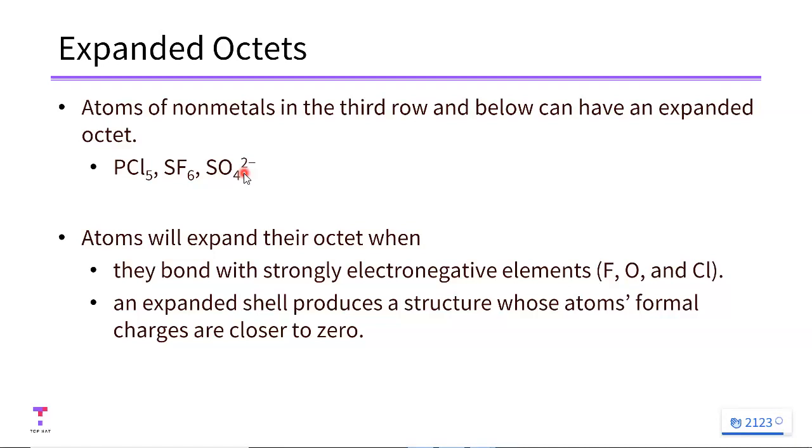Similarly, if I have a positive charge, it would go the opposite direction. So if this was SO4 +2 instead of SO4 -2, the positive charge means that there are fewer electrons. Electrons have been taken away. So instead of 30 electrons, if there were a +2 charge on this, we would have only 28 electrons, 30 minus 2.